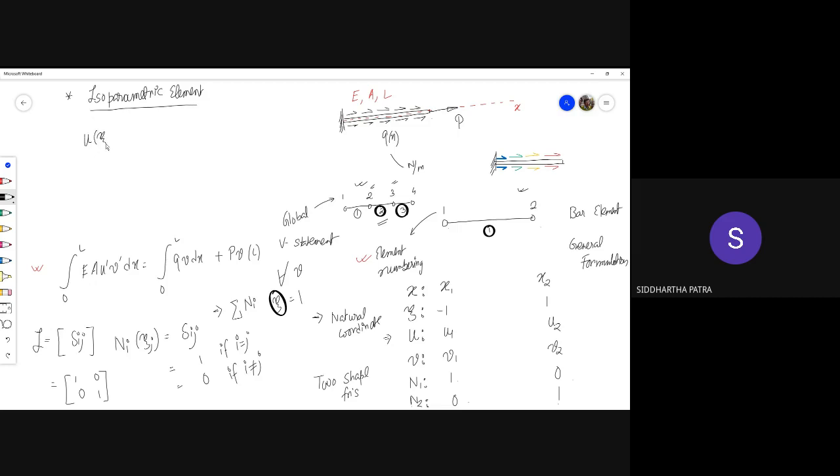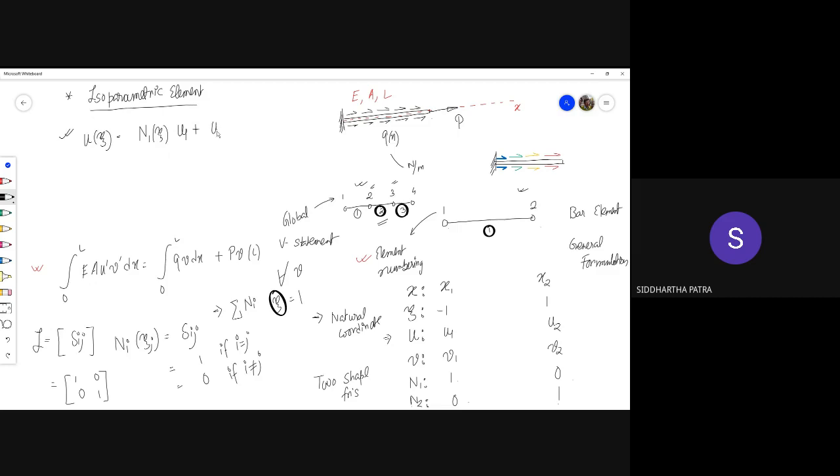Value of u at any given xi is n1 of xi times u1. Please understand, u1 is merely a coefficient. n1 is the shape function of xi, dependent on xi, that defines the functionality of u of xi.